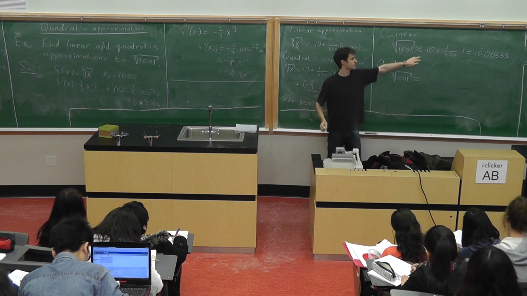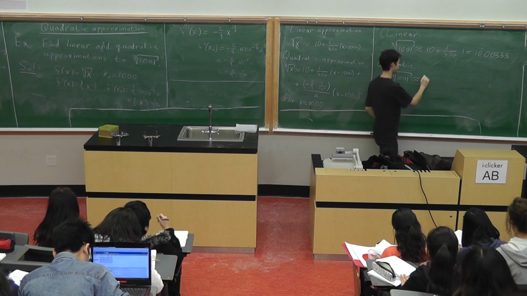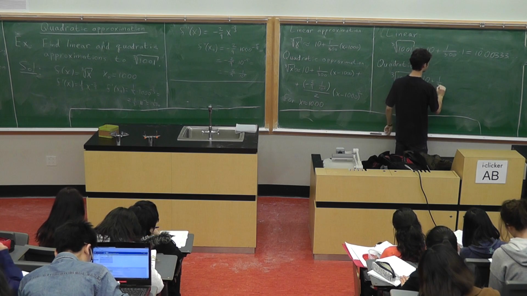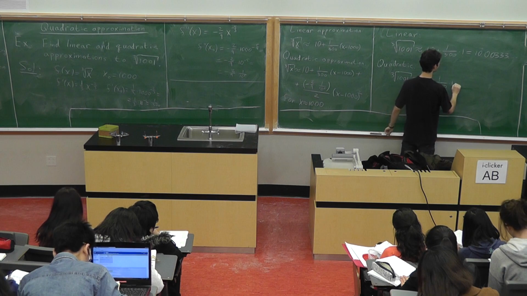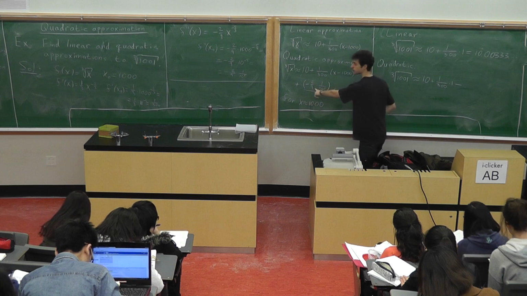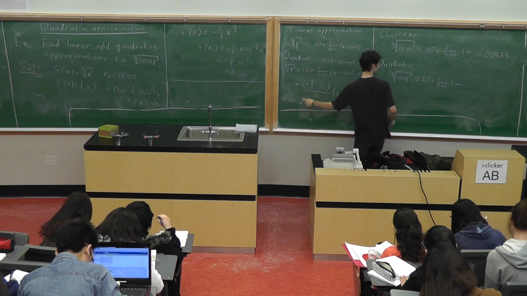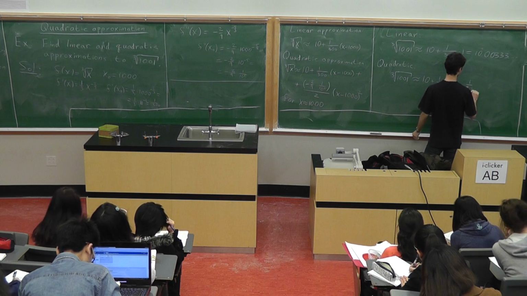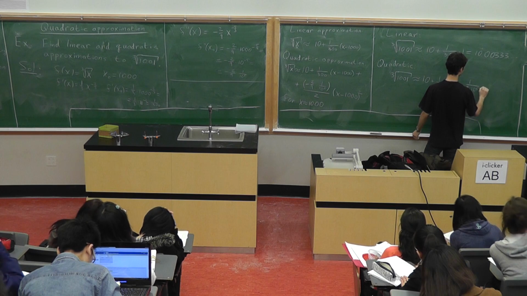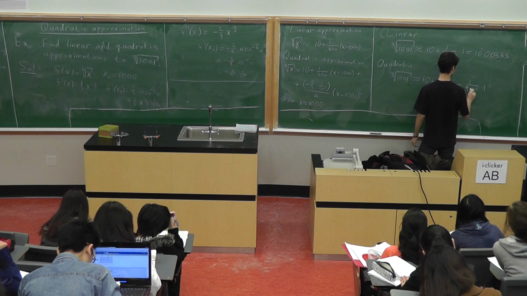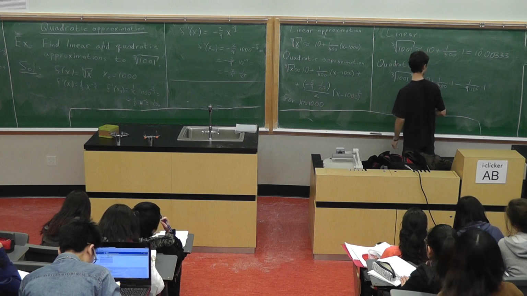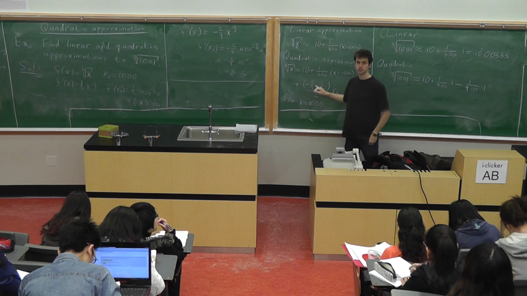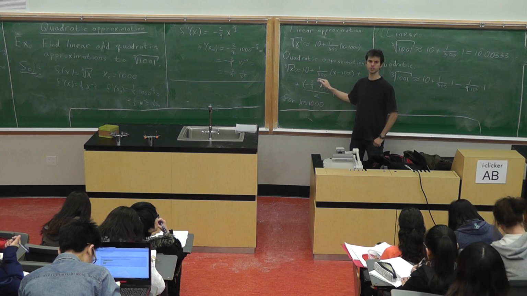Once again, it starts in exactly the same manner. It's 10 plus 1 over 300 times 1. And then it has this correction term, minus 1 over 9 multiplied by 10 to the power 5 and times 1. So I canceled out the 2 from here.